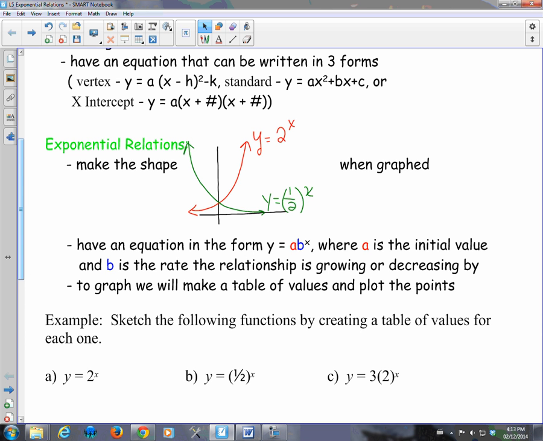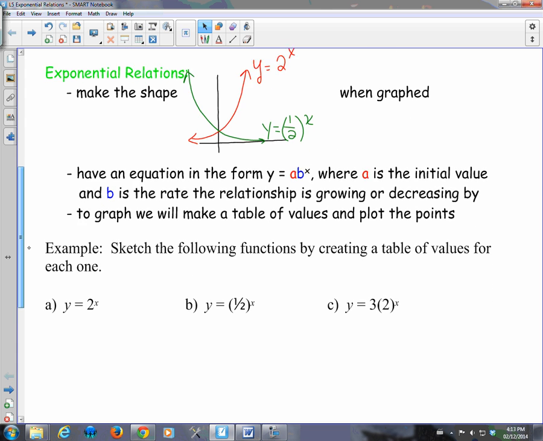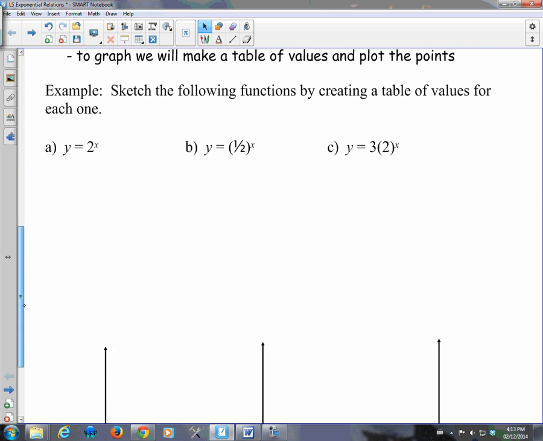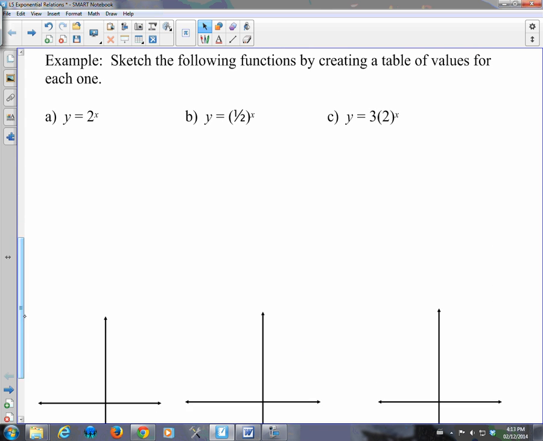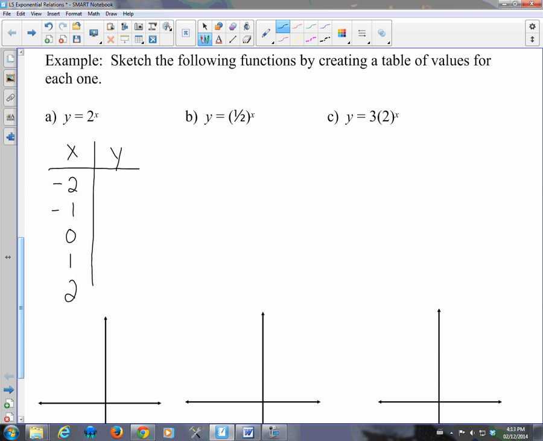To graph, we're going to make a table of values and plot the points on our graph. We've done this before, our x and our y. So we'd have -2, -1, 0, 1, and 2, and we put each number in for x. I would have 2 to the -2, which is what we have been doing in class. Negative exponent means you flip the base.